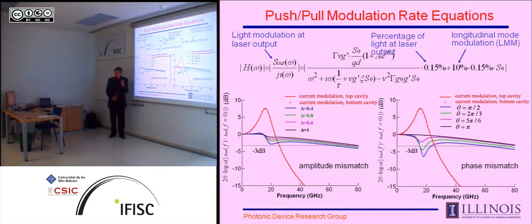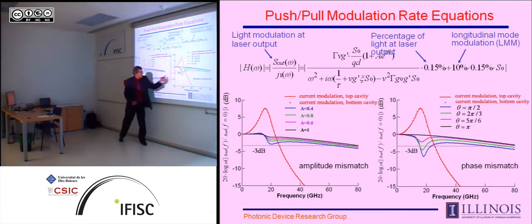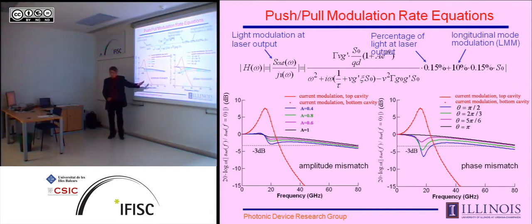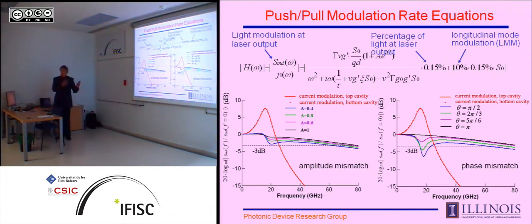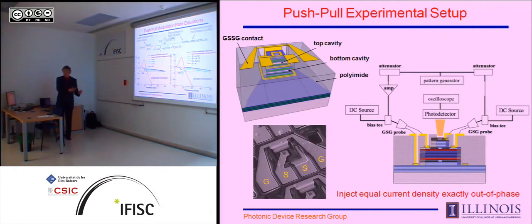And when I introduce this ad hoc term, I can look at the stability against amplitude variations and phase variations. And what I find is it's pretty robust. These are very exciting modulation rates, and there is very little net change in the carrier concentration. So I'm doing this independent of the power.